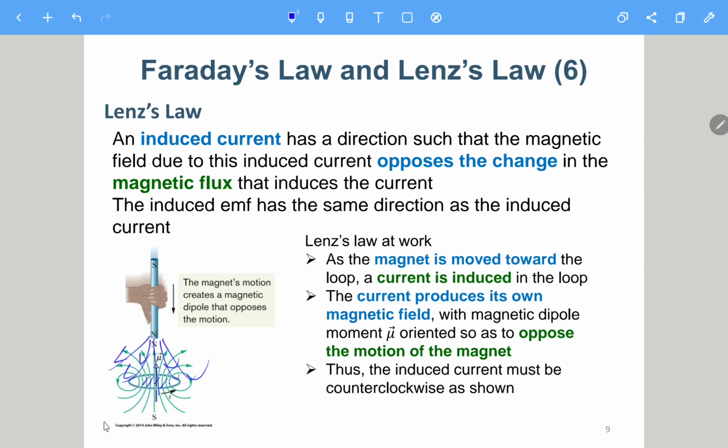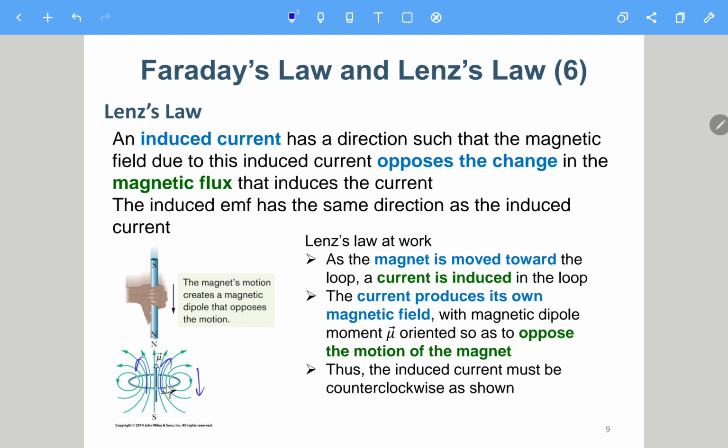In this case, the loop will try to generate a B field to oppose the change of the magnetic flux. Because the magnetic flux is going in this direction and becomes larger, it tries to generate a current in a certain direction, and this current will generate a B field that tries to cancel a bit of this change.